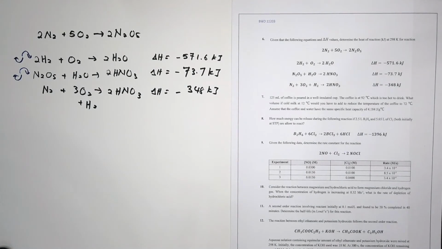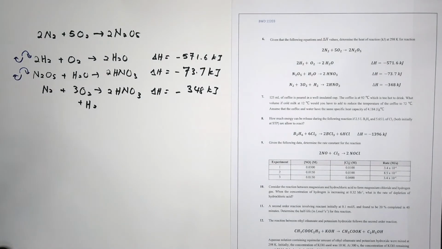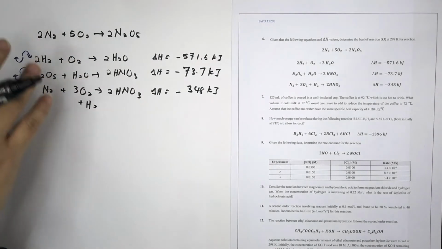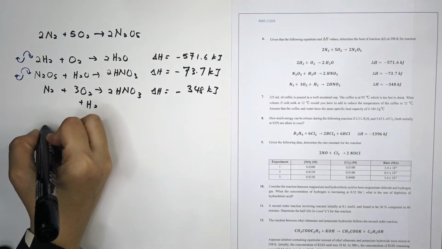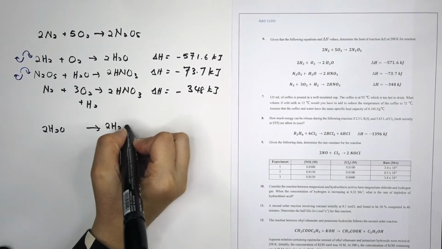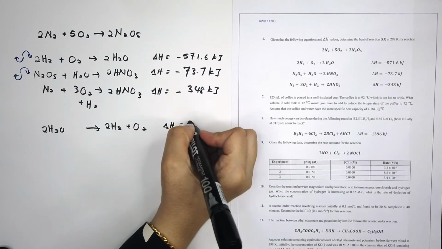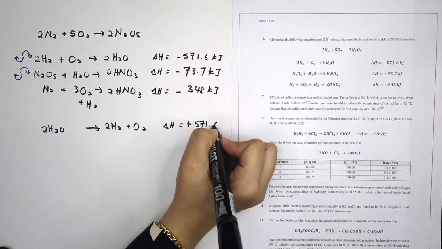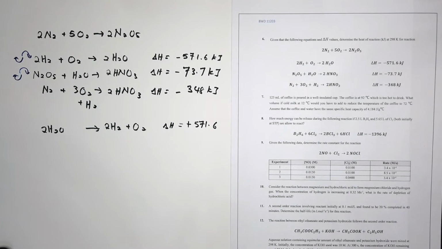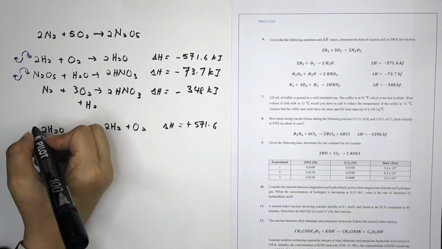Right, so the same drill, you just need to copy again, whereby you put the reactant and the product at the correct positioning. So the first one should be 2H2O shall produce 2H2 plus O2, and the delta H should change from negative to positive. Moving on to the second one, you should change the position as well.